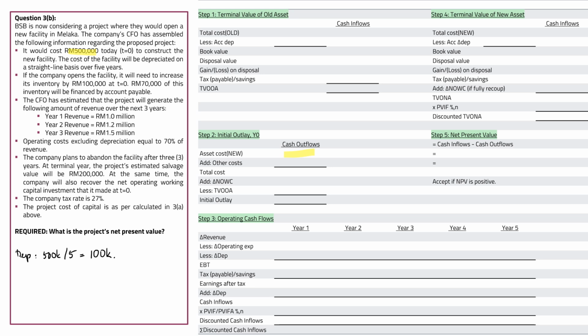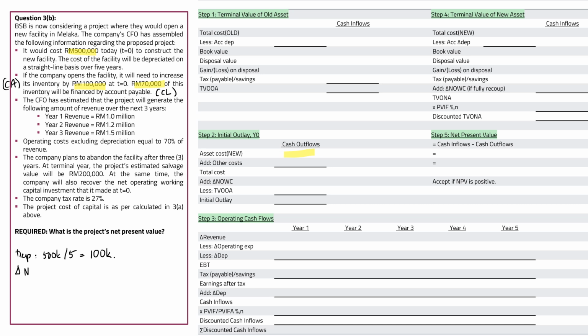Next, if the company opens a facility, it will need to increase its inventory by 100,000, and 70,000 of this inventory will be financed by accounts payable. So this is finally we have working capital. Inventory is a current asset, while accounts payable is a current liability.